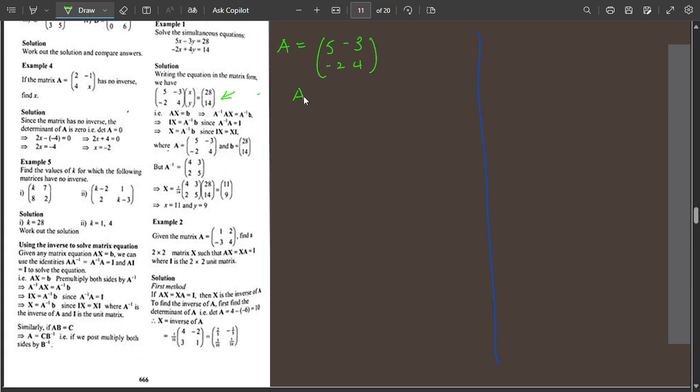A inverse will be given by 1 over 20 plus 6, multiplying 4, 5, 3, 2.